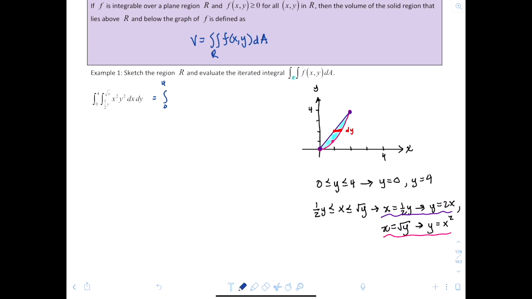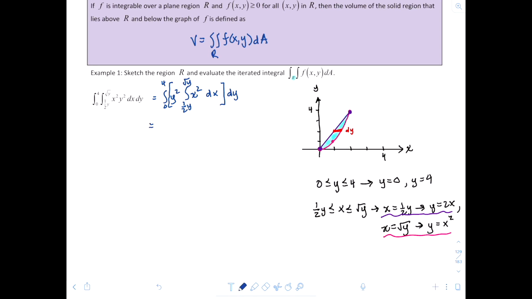I'm going to take out the y squared, and then we're going to do the integral from 1/2 y to root y of x squared dx, and then this whole thing we'll have to do with respect to y.